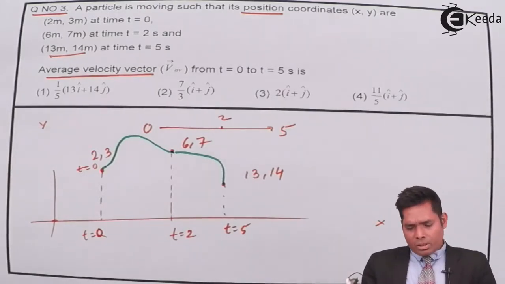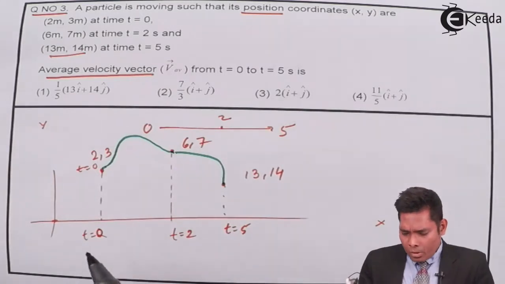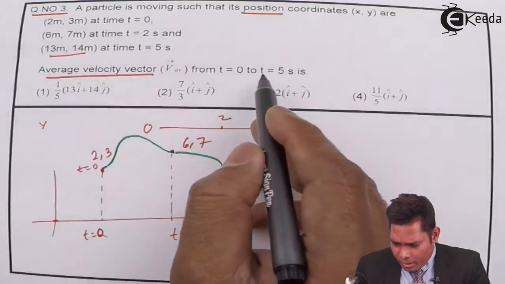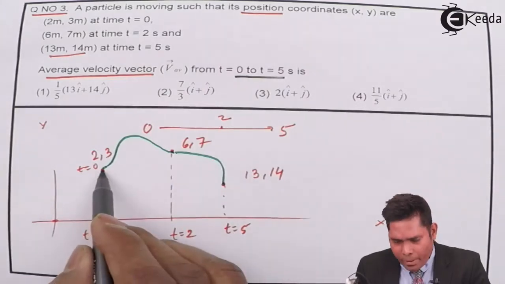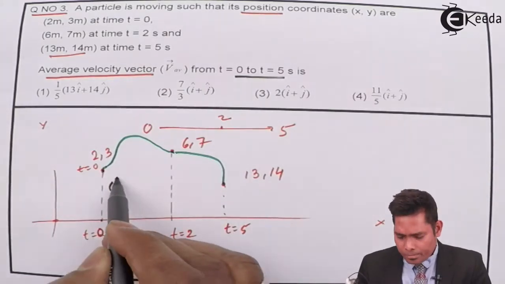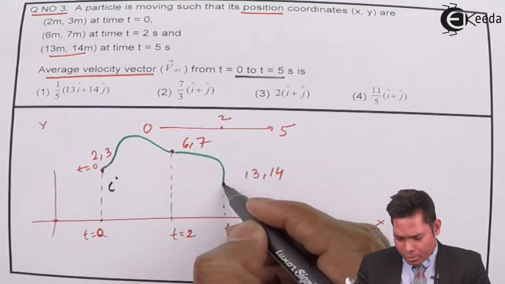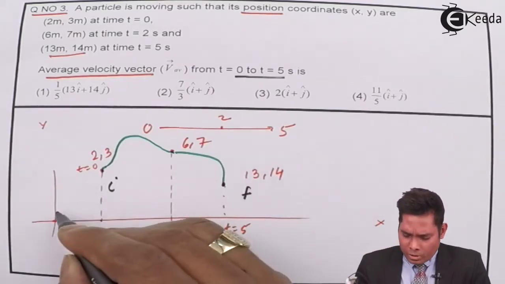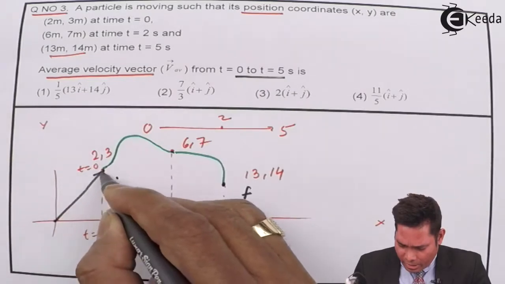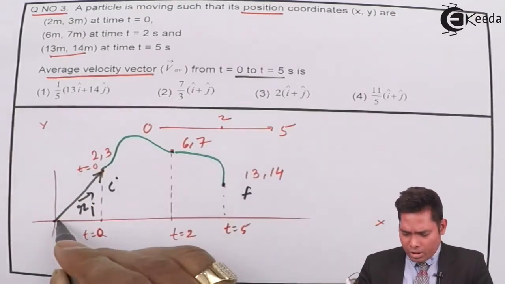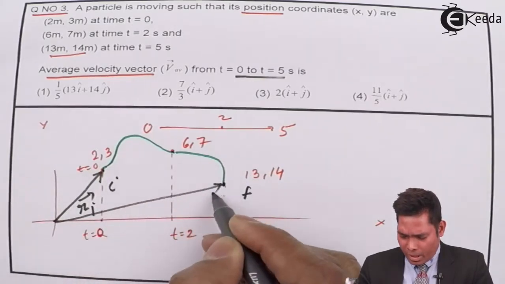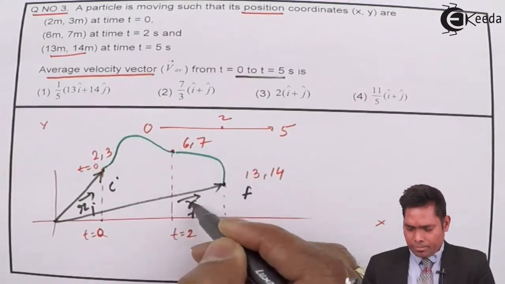But because it is a velocity vector and the time interval is given as 0 to 5 seconds, this is my initial position, this is my final position. This vector is the r initial vector, this position vector will be the r final vector.